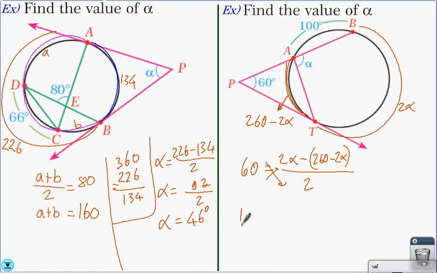If you do the cross product, there will be 120 equals 2 alpha minus 260 minus minus 2 alpha, which is plus 2 alpha. So then 4 alpha equals, if you put minus 260 here, it's going to be plus 260 plus 120, which is 380. So alpha equals 380 over 4.